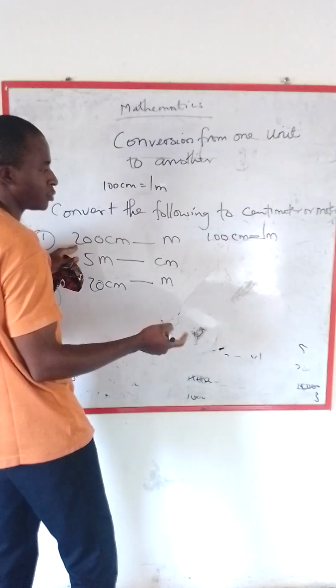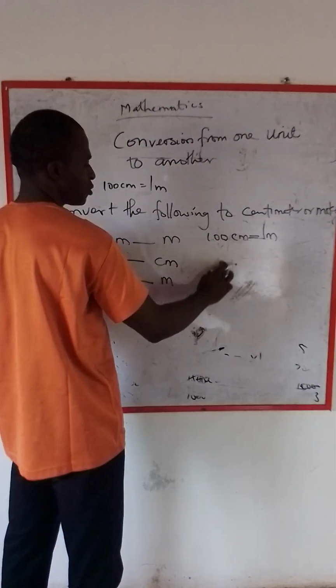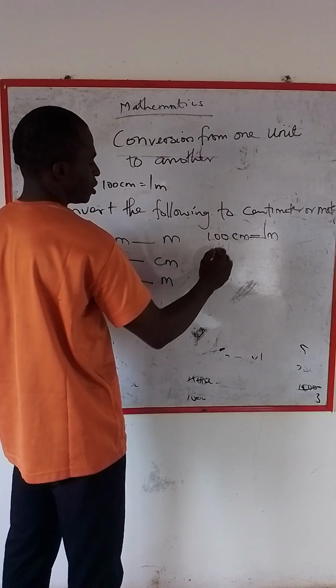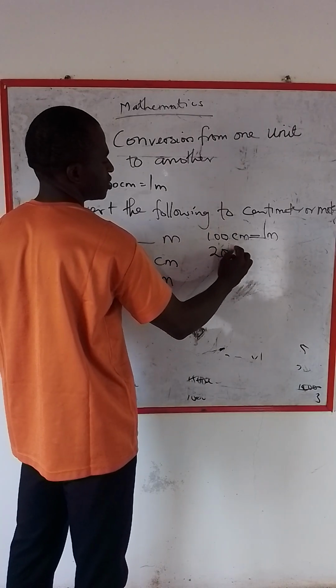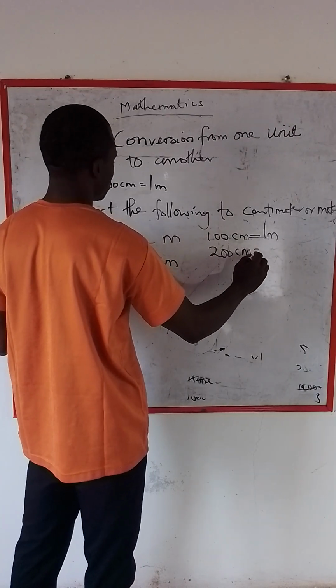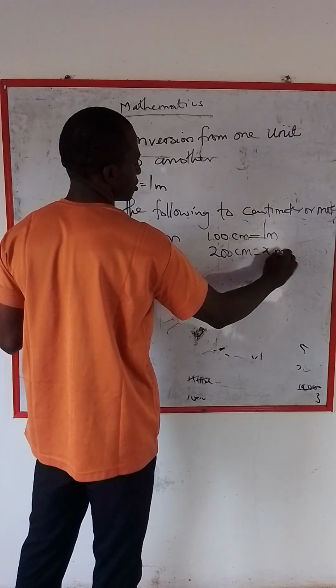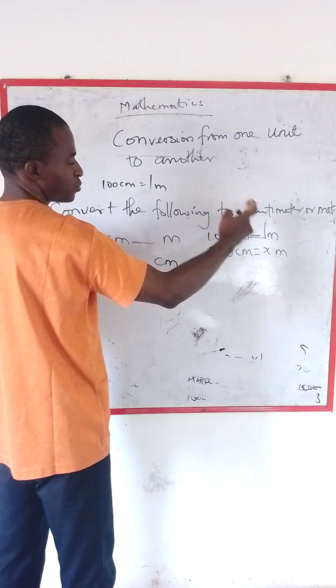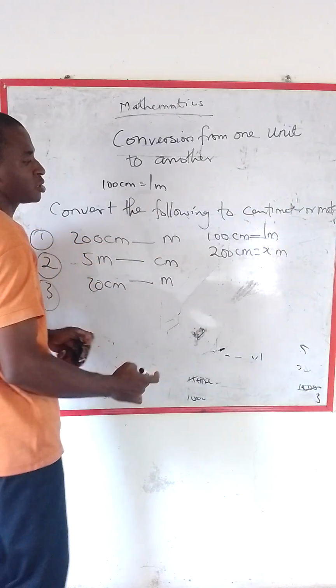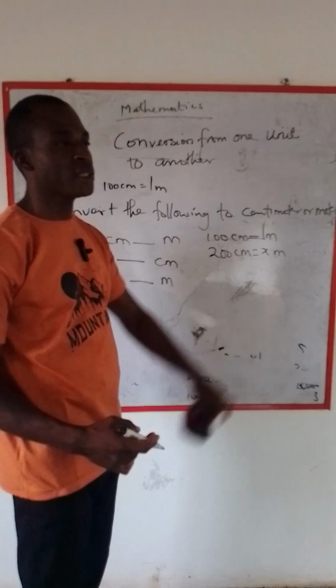You bring your question there now. You can see the arrangement must be done accordingly. 200 centimeter is equal to x meter. You can see centimeter is here, meter is there.